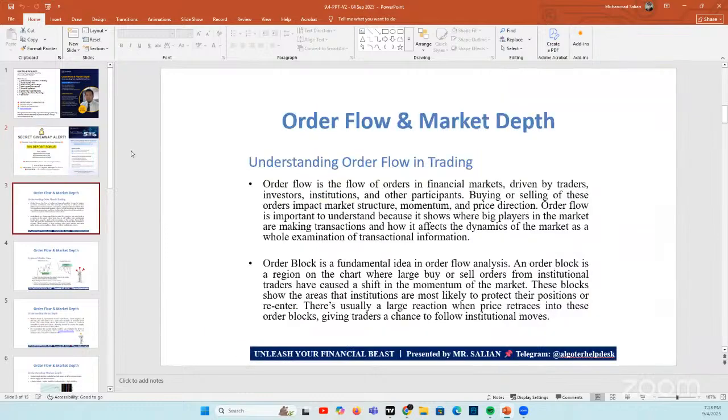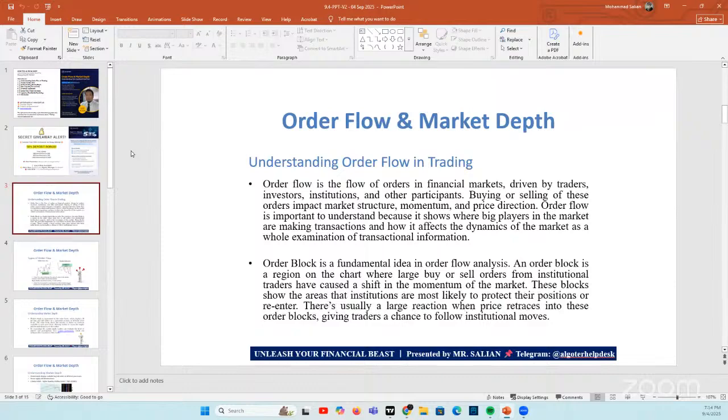All right. Now, order flow. Understanding order flow in trading. Okay, order flow is the flow of orders in the financial markets. So when you say order, just like anyone who will place a trade, they will put their buy orders, their sell orders.